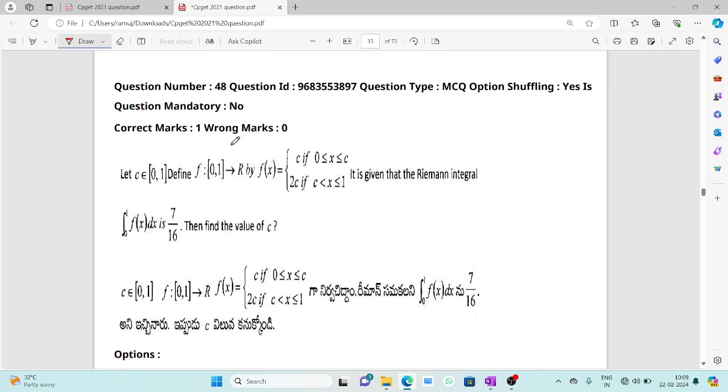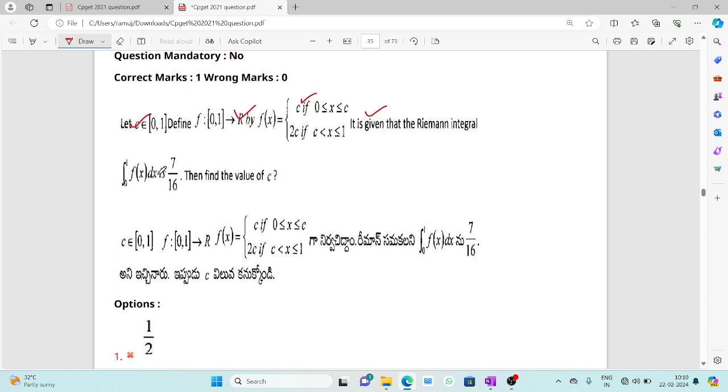The 48th question: let c belong to the interval 0 comma 1, and define f from 0 comma 1 to R by f(x) equal to some function, c for 0 to x and 2c for c less than x less than or equal to 1. It is given that f is Riemann integrable and the integral from 0 to 1 of f(x) dx is 7 by 16.